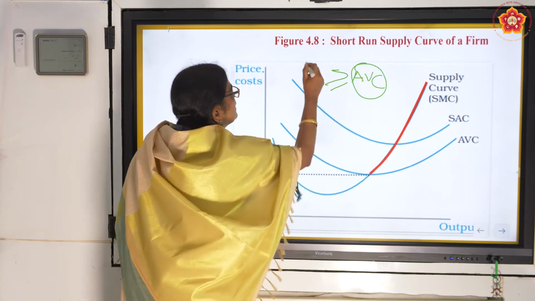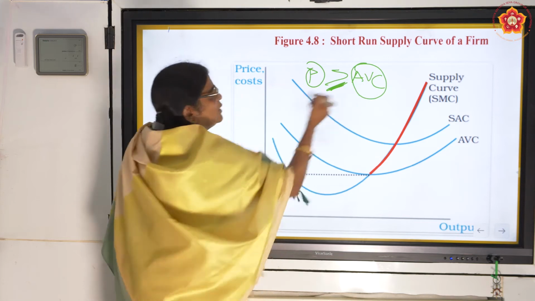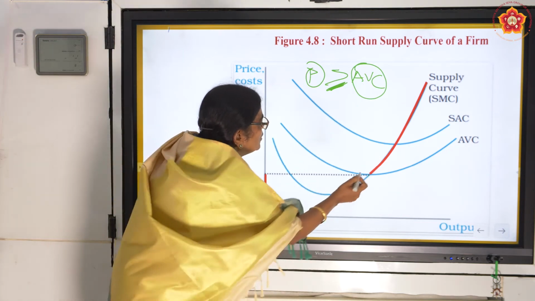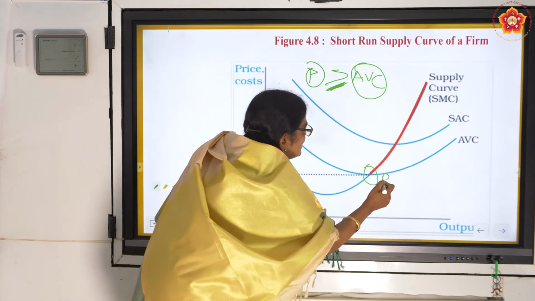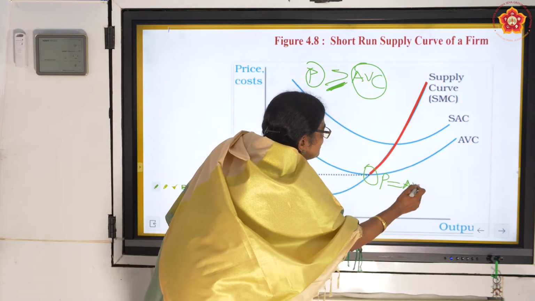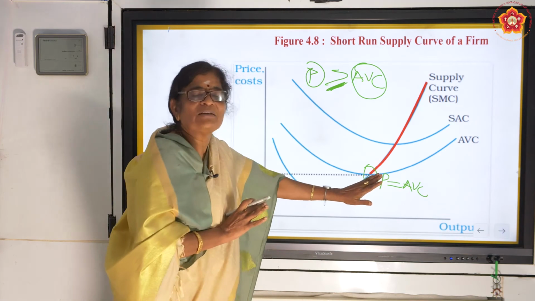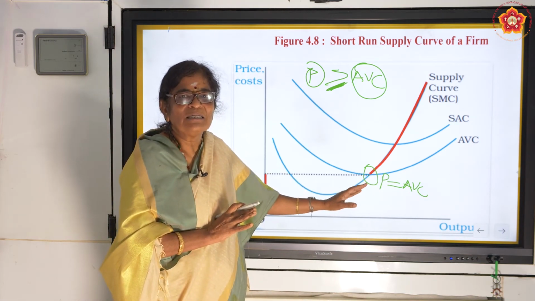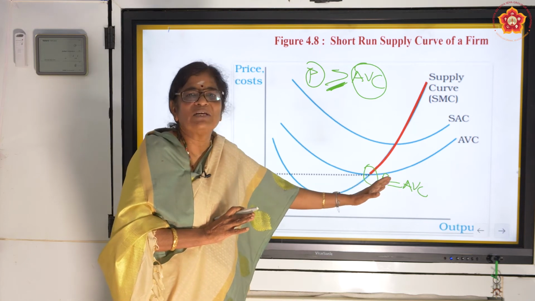Forget about greater than, at least equivalent. Here at this point, the price is equivalent to ABC. Till that point, the firm will stand in the market, at least the income earned is able to cover the variable cost.